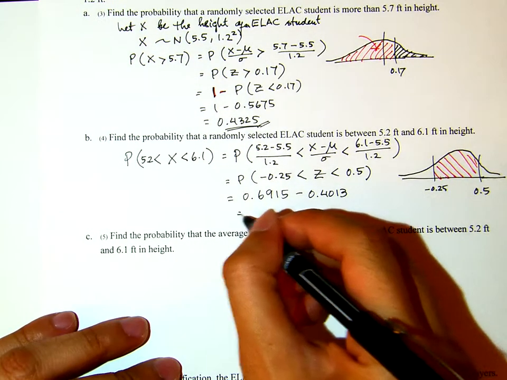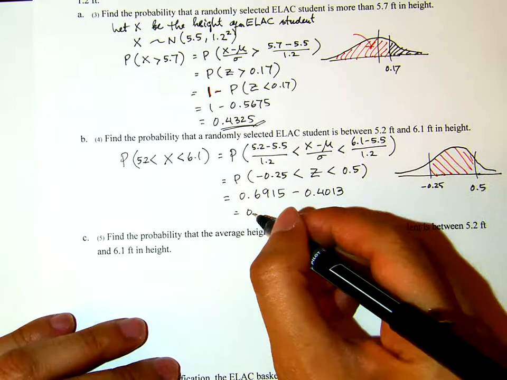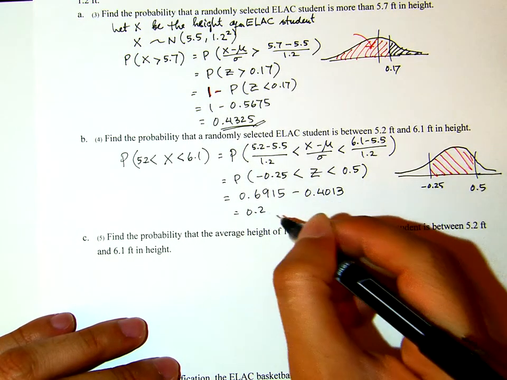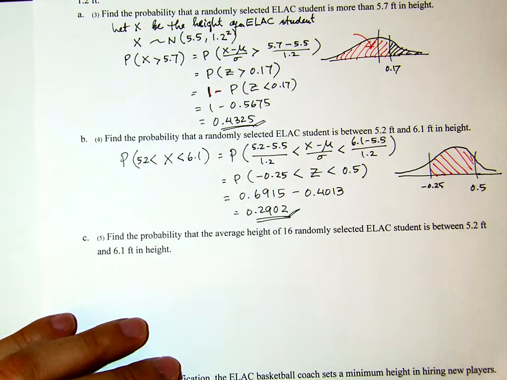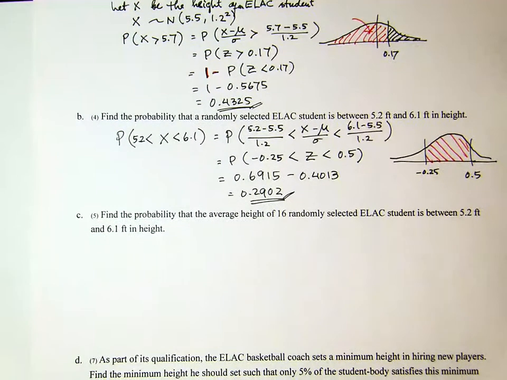If I subtract, you can use your calculator, this is 0.2902. That's the probability that a randomly selected ELAC student is between 5.2 feet and 6.1 feet in height.